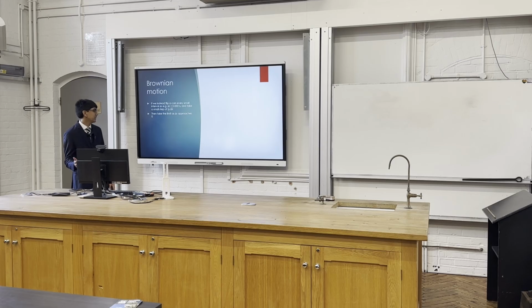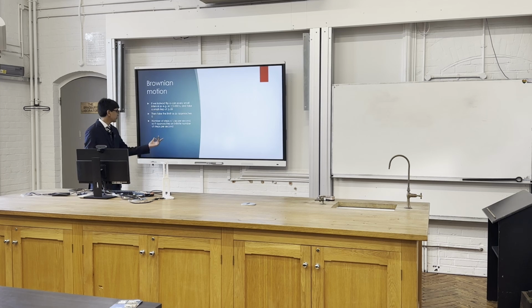So if we take the limit as delta t approaches 0, as it gets really small, then the number of steps per second approaches 1 over delta t. So every second we have 1 over delta t number of steps, right?